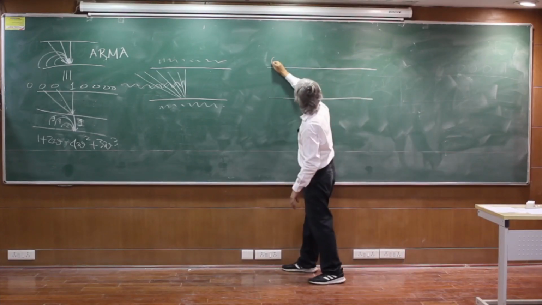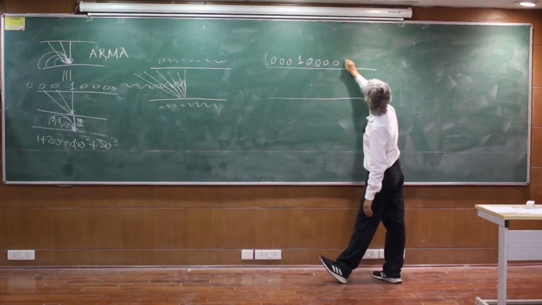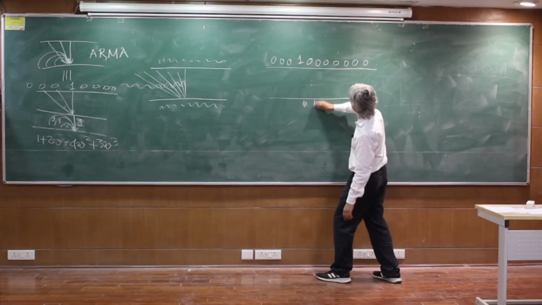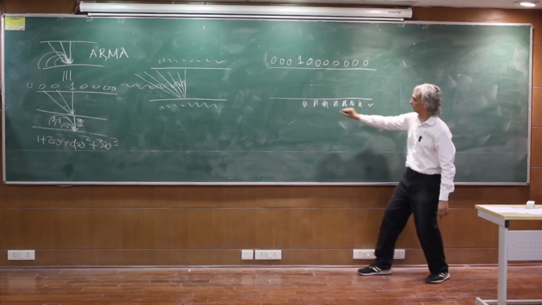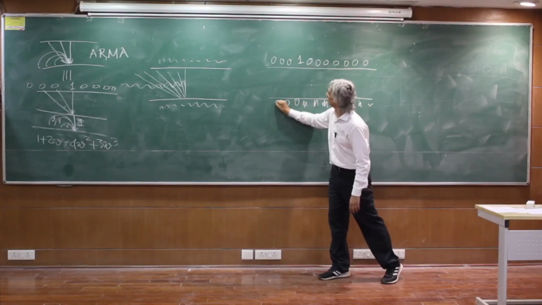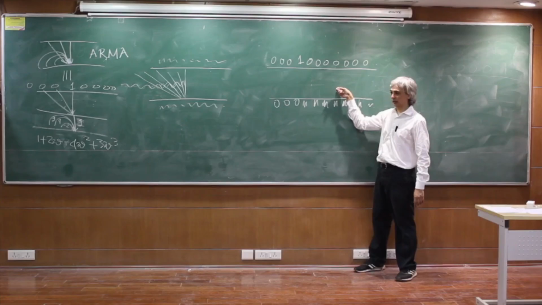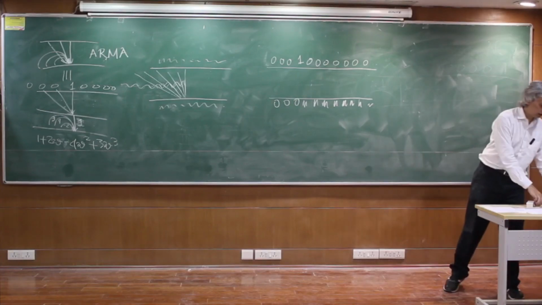This is a filter that given the input 0, 0, 1, 0, 0, 0, 0, 0, 0, 0, 0, produces these moving average coefficients, these step 1 moving average coefficients, correct? Yes? And this is the filter that I am going to estimate using an ARMA filter structure.